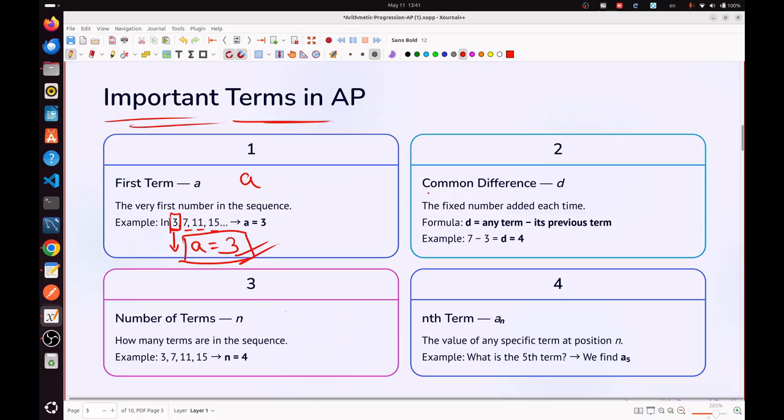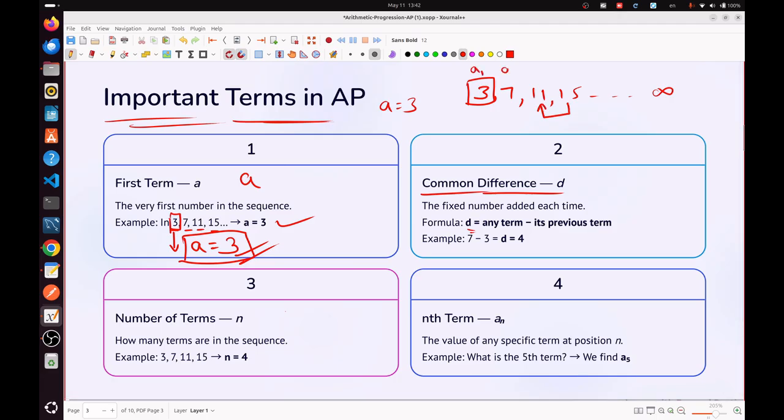Next, what we need to focus on is the common difference. It is the fixed number added each time, like any term minus its previous term. Let's consider this example only, 3, 7, 11, 15 up to infinity. The first term is 3, that is a equal to 3. Next, how can you find the common difference? You can take any consecutive terms. Let's say this is A1, this is A2, this is A3, and this is A4.